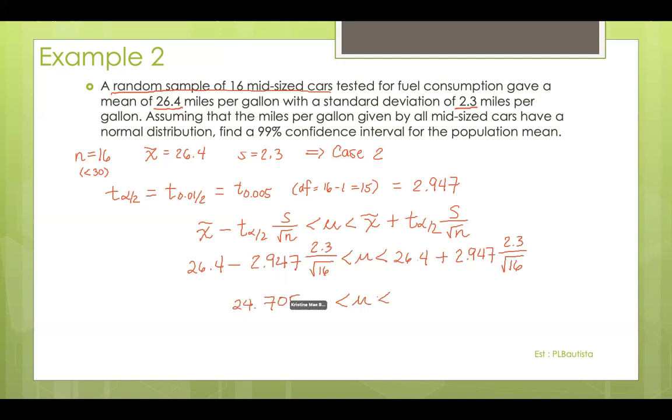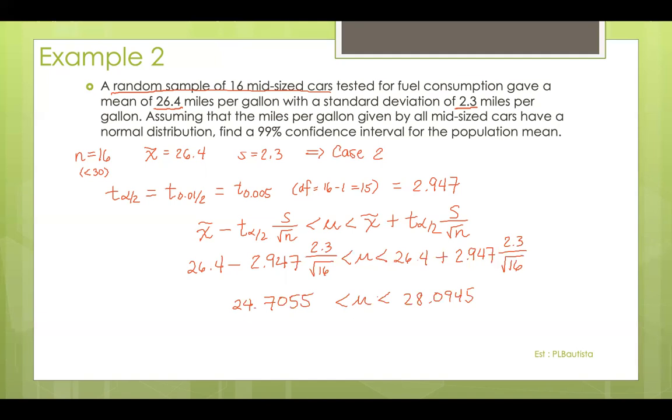So again, to put this into perspective, you have a sample of 16 mid-sized cars, which has a mean of 26.4. So the best point estimate for the fuel consumption of all mid-sized cars is 26.4 miles per gallon.